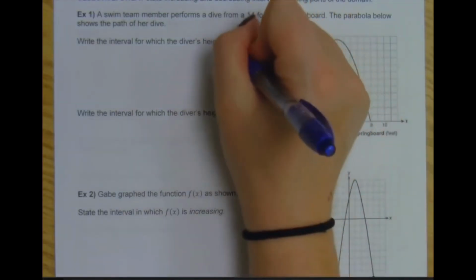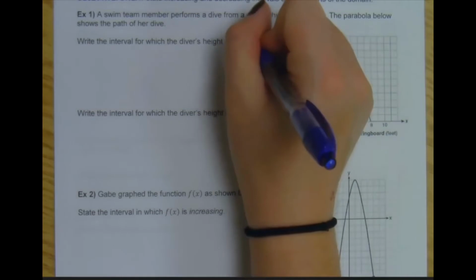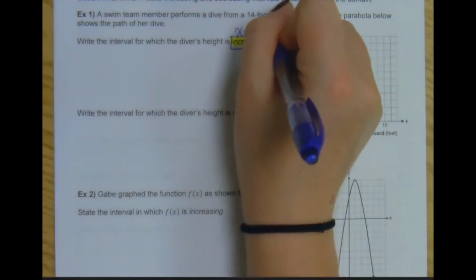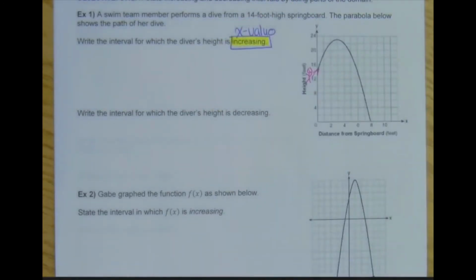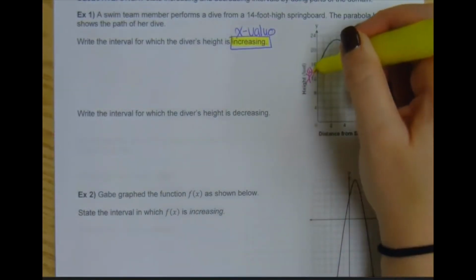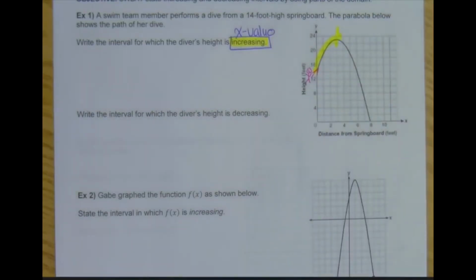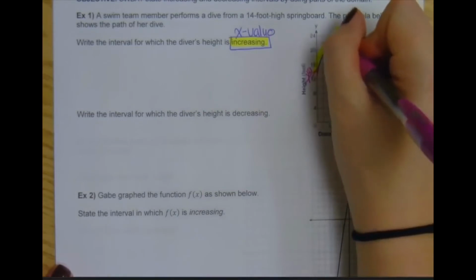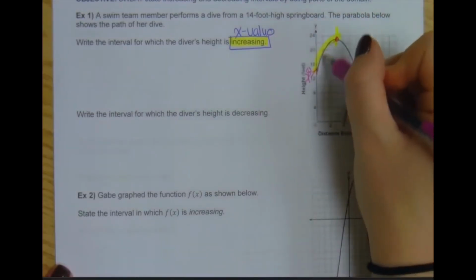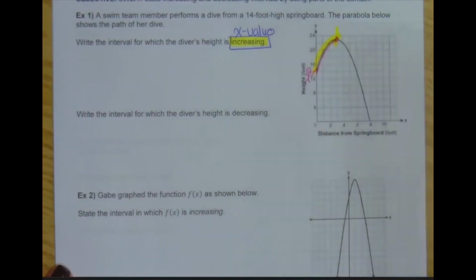And when I think increasing, I should be thinking what x values show where I'm increasing. Well, here she is. She's on the diving board. She leaps into the air, right? She jumps into the air until she hits that vertex, that turning point up top. All right, so from here to here, I can see she is increasing. I'm going to put an I here, all right?